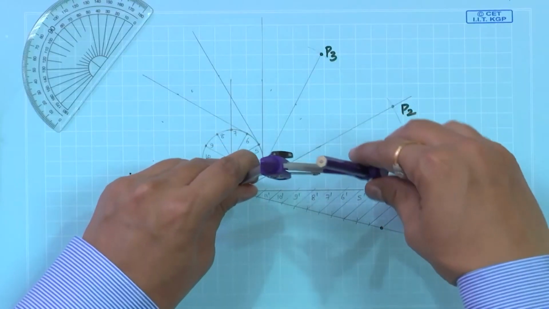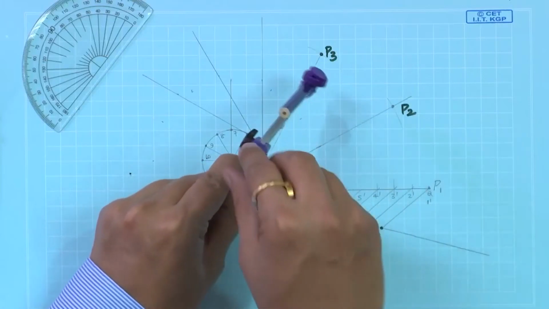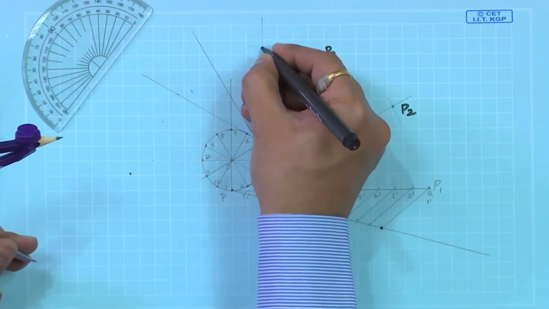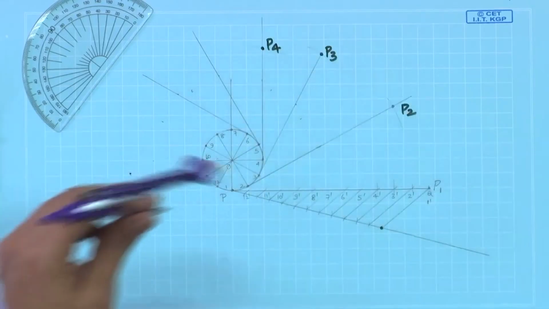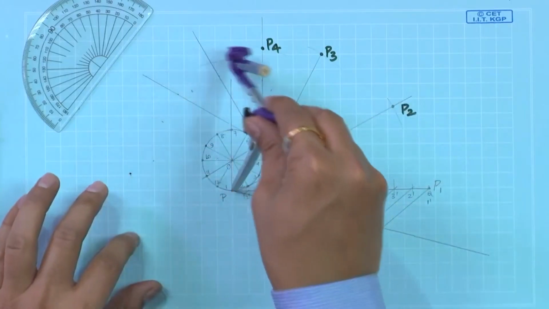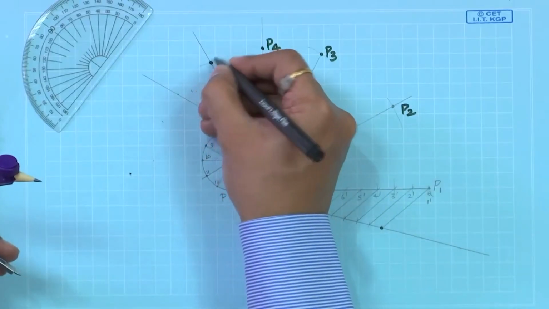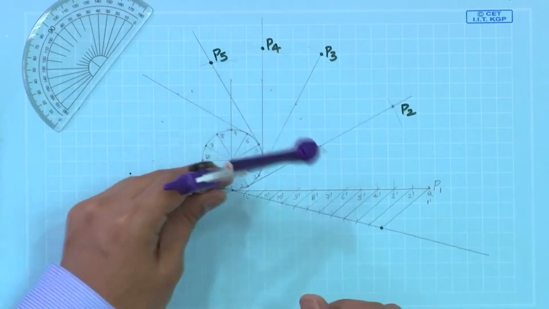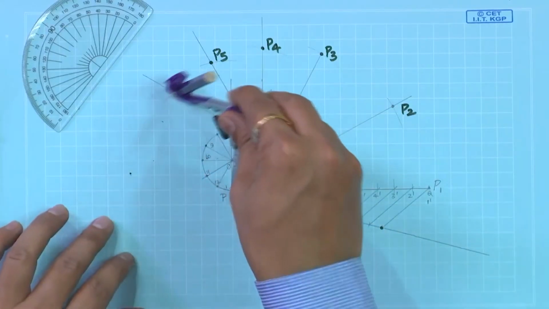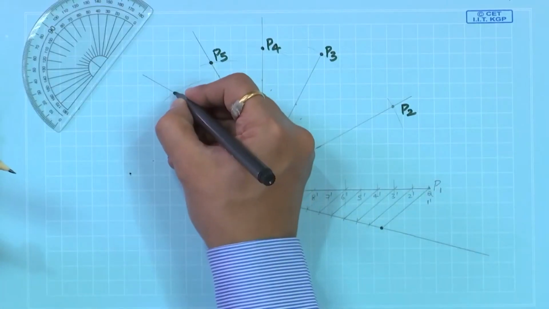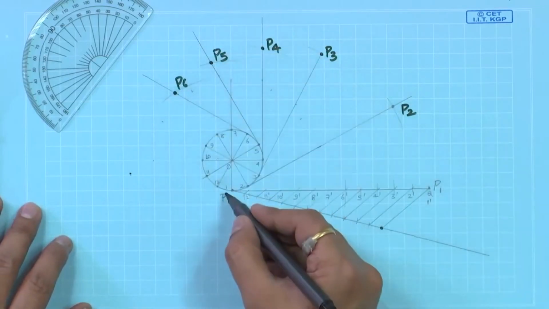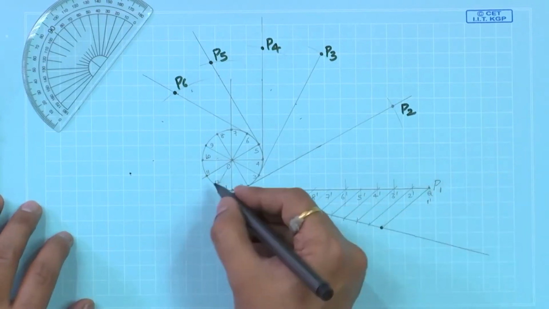Similarly, here to 4 prime, whatever distance is there, make an arc such that we get P4. From 4 to 5, locate a distance P5. From there to 6 prime, locate a distance P6.